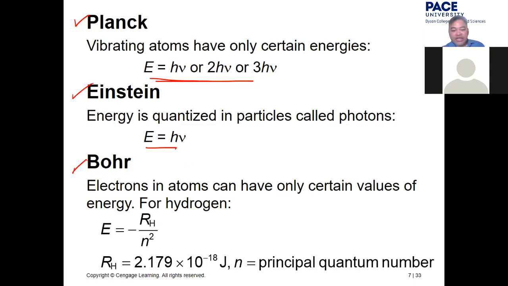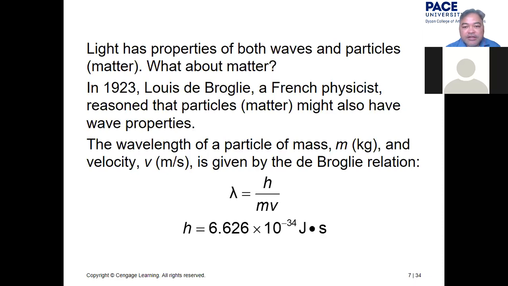Now, having this dual nature of what we call light, Louis de Broglie also proposed, what about matter? Maybe we can apply the dual nature also to matter. Because if we're talking about matter, it's always what? Particles.